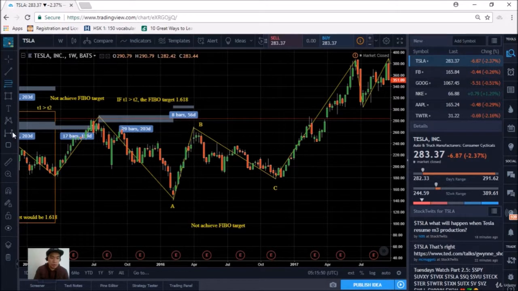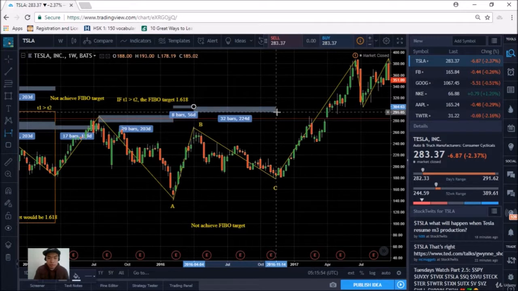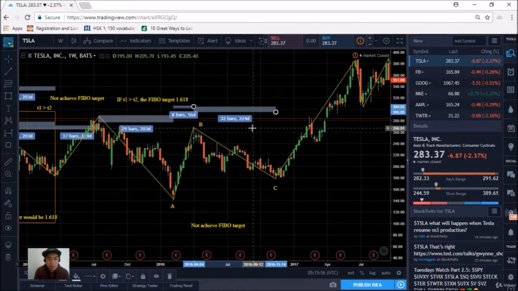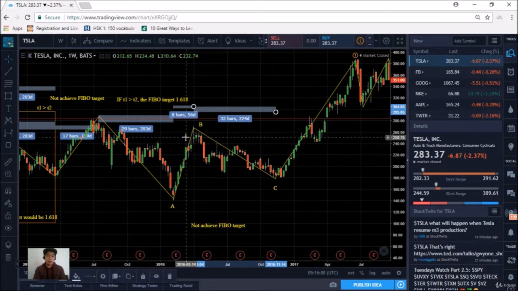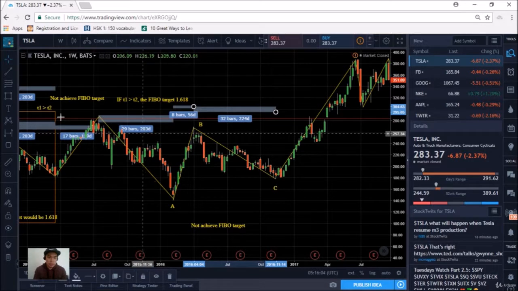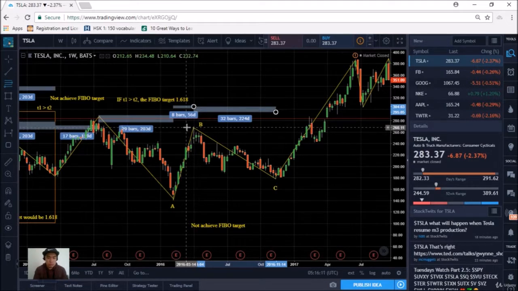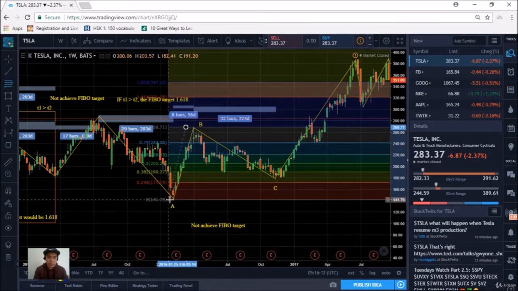Now you have to identify this candle, which is obviously longer, far more than this. This is the distinct high and distinct low.